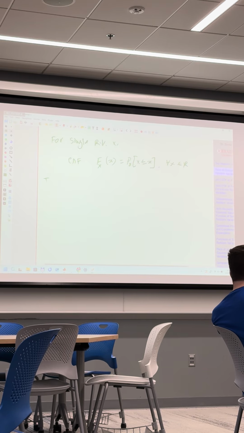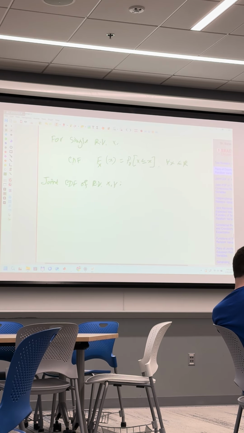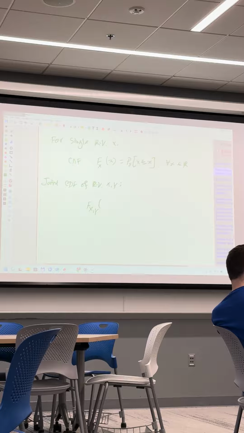Instead of CDF, I am writing the joint CDF of random variables X, Y. Instead of a single variable, we have two random variables, so instead of F sub X you write F sub X,Y. And instead of probability that X is less than or equal to x, you use the AND operator: the probability that random variable X is less than or equal to lowercase x, and at the same time, in other words the intersection, random variable Y is less than or equal to y, so that you don't get confused.